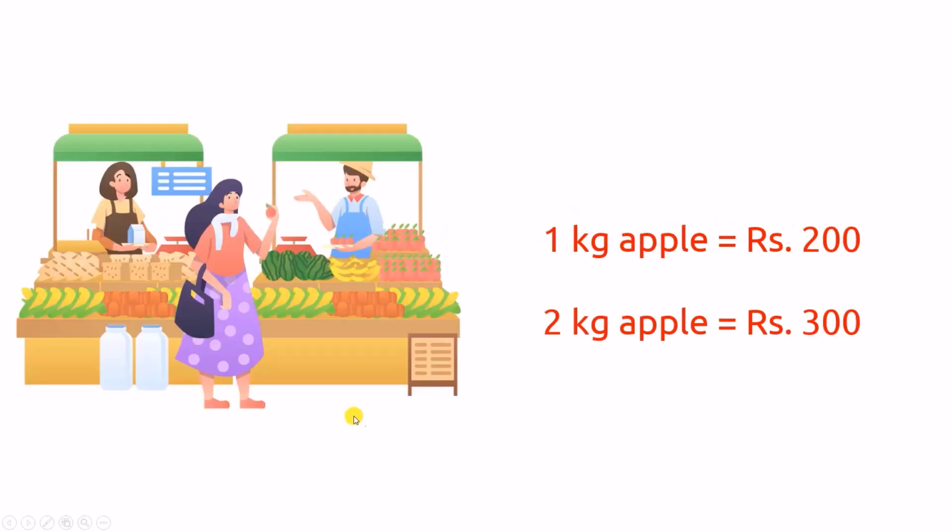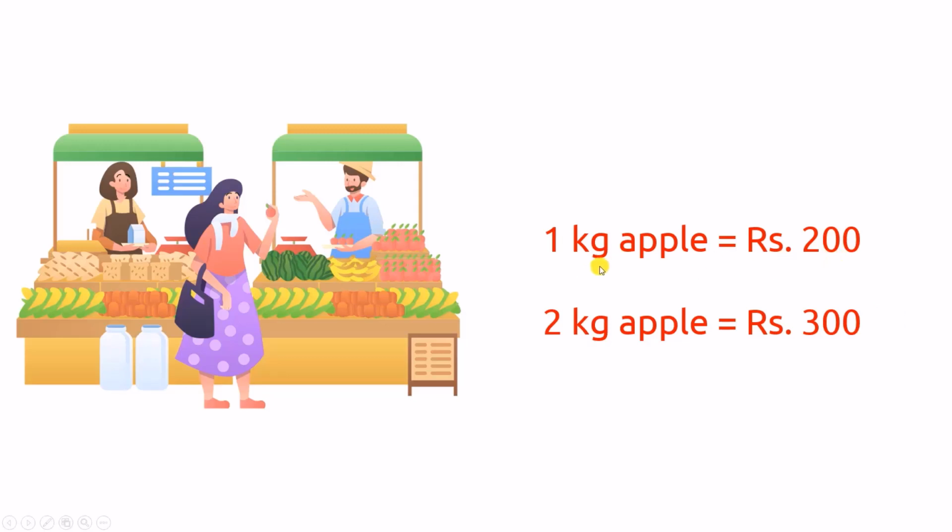Let us say that you go to a market to buy apples. When you ask the person who is selling the apples about the price, he says 1 kg of apples is 200 rupees. So if you buy 1 kg of apples, you have to pay 200 rupees.